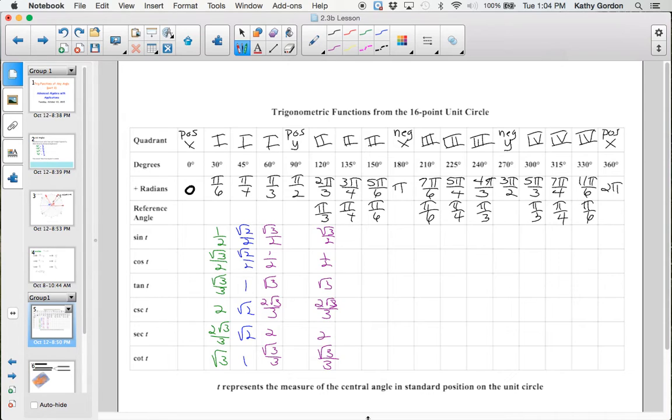Not cosine, cosecant, right? Because it's the one that's just the reciprocal of sine. So if sine's positive, cosecant has to be positive. But everything else has to now turn negative. So cosine's going to be negative, tangent's going to be negative, secant's going to be negative, cotangent's going to be negative. Those are now the actual trig functions for 2 pi over 3.